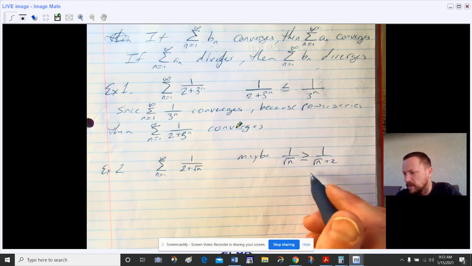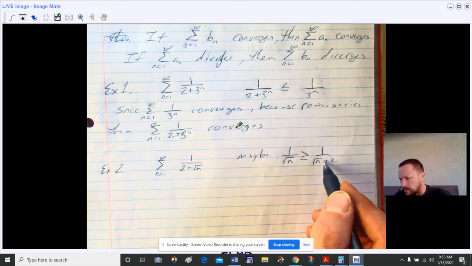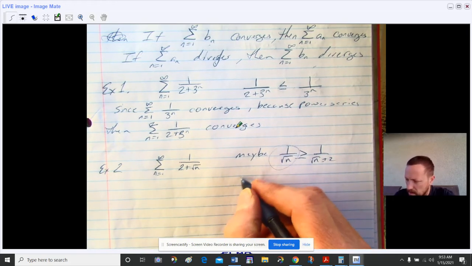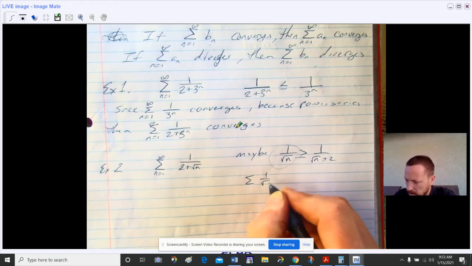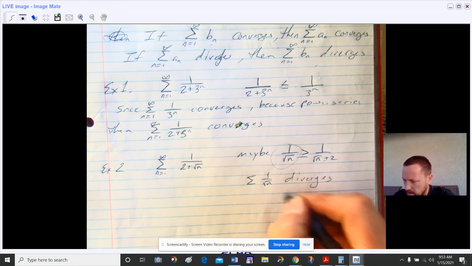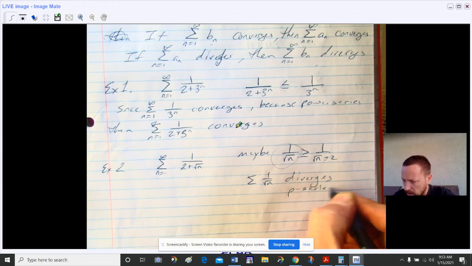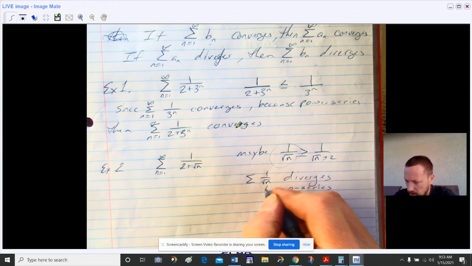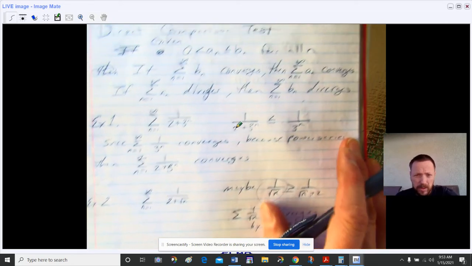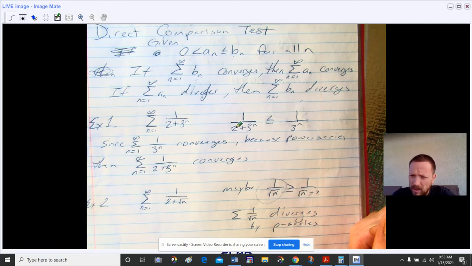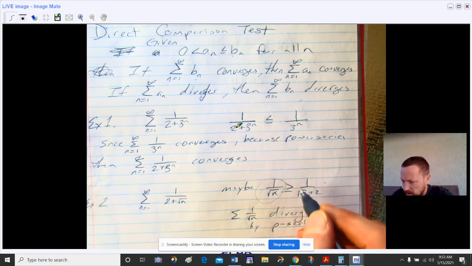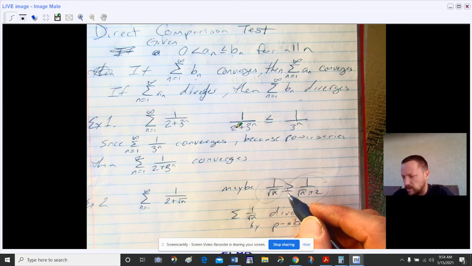And if the denominator is bigger, then we're going to have smaller values. However, this series, 1 over radical n, diverges by the p series. So if we know that something diverges to something less than that, does that follow the direct comparison test? No, it doesn't. We'd want to know that this would be greater than that. That's the only thing we can do.